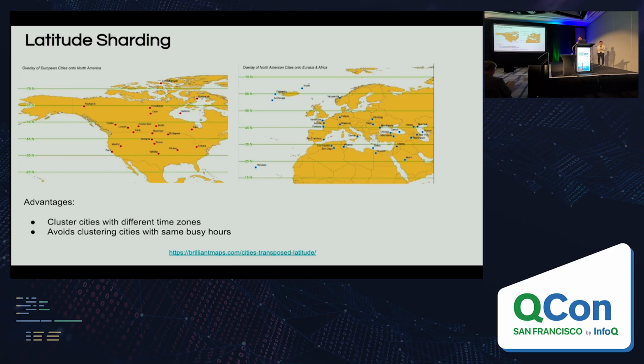In this example, you can see European cities and cities from America mixed in the same shard. Why is this important? This is because the traffic in Uber especially follows the sun pattern, where the activity is higher during the day and slows down during the night. And this sharding naturally avoids clustering cities with the same busy hours in the same shard. That helps us a lot in managing capacity.